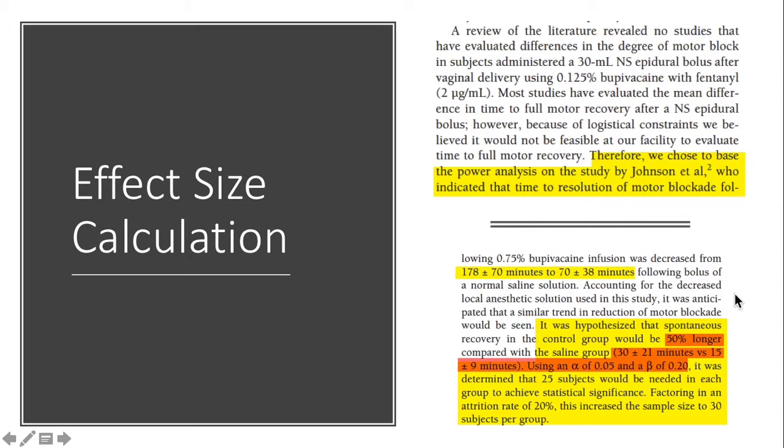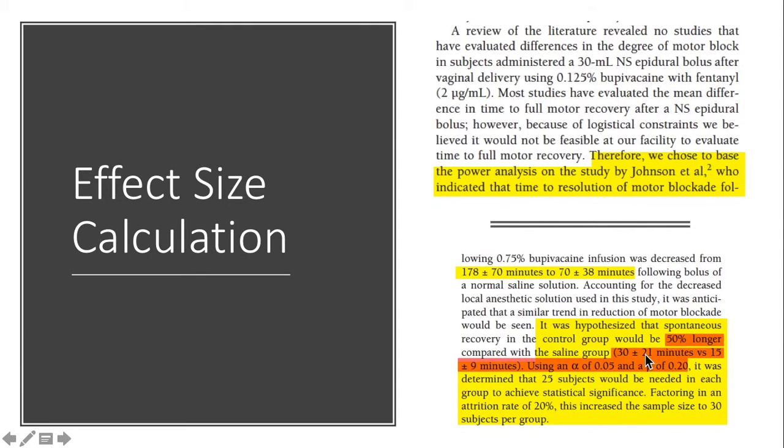Then we said that, accounting for the decreased local anesthetic solution used in this study, they estimated that a similar trend would be seen. So we hypothesized that there would be a 50% longer duration in the control group compared to the saline group, of roughly 30 minutes versus 15 minutes.